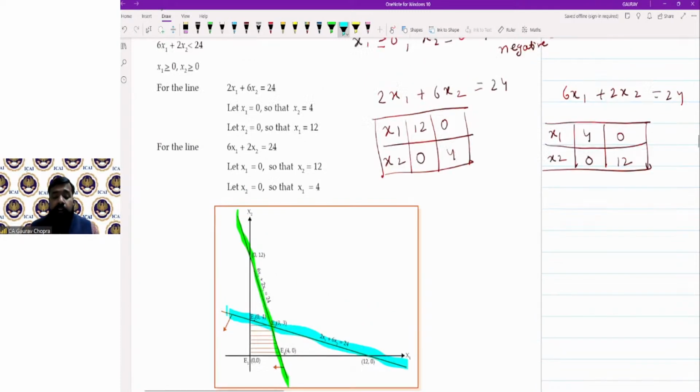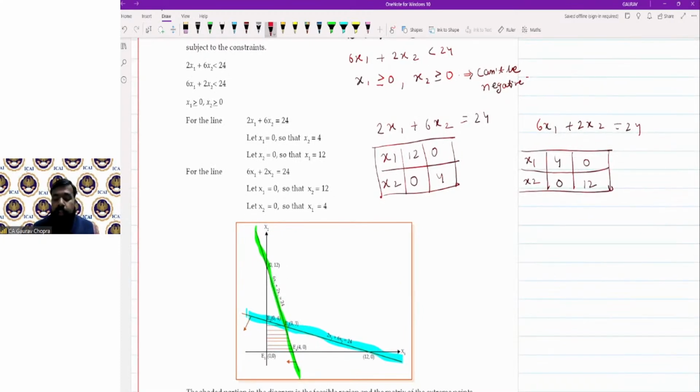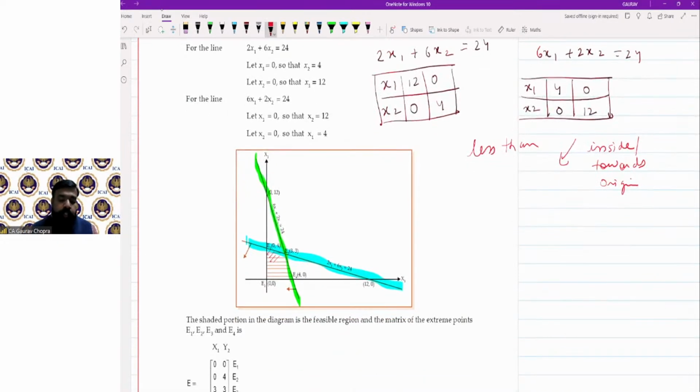Now both are having less than sign. Less than means inside, towards origin. So towards origin, this middle portion will be the required area. So the shaded region is this quadrilateral.